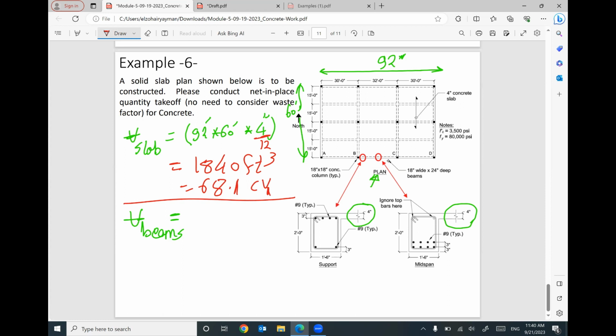If you would like to figure out the total volume of beams, we need to figure out the cross section of your beam times the total length of beams. Don't count your cross section of the beam as 1.5 by 2 feet. This 1 foot and 6 inches means 1.5 feet. This one is 2 feet.